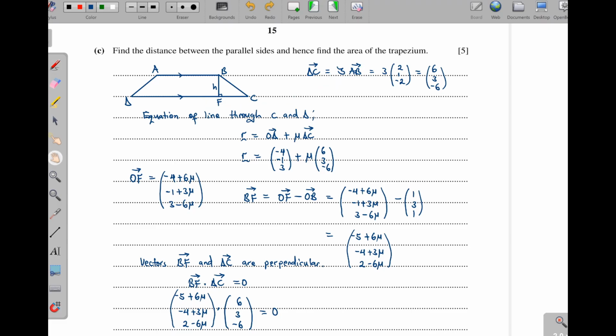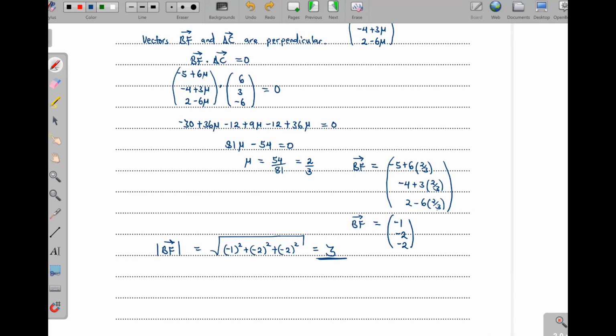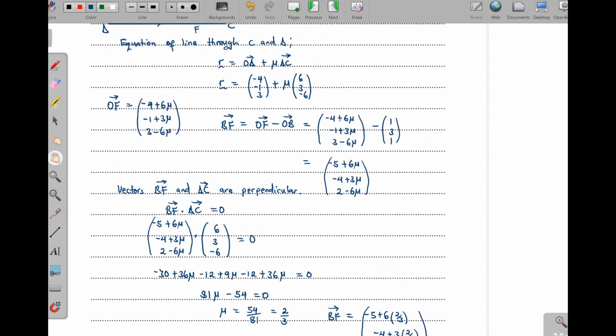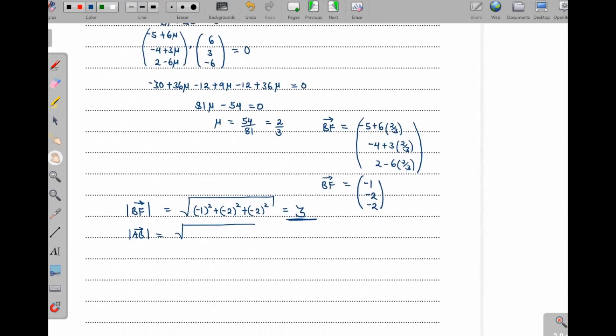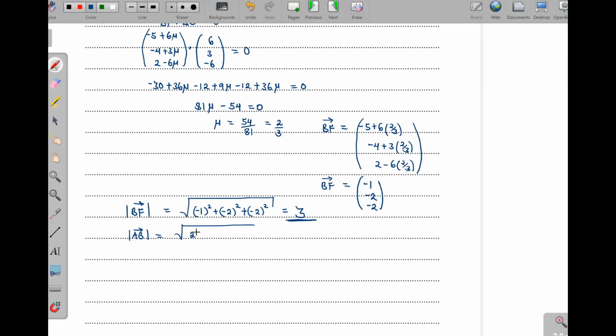Are we there? So length of AB shall be equal to the square root of, what is our AB? That is 2, 1, -2. So this one will be 4, then plus 4, 8, plus 1, 9.